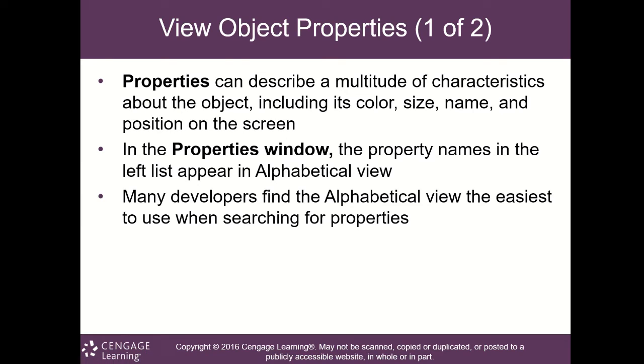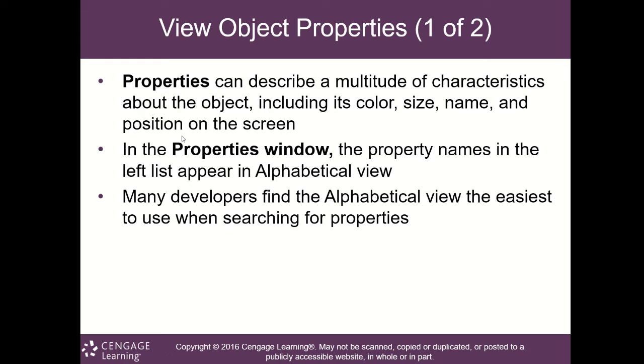Now another important thing is viewing the object properties. So how do you do that? The properties can describe different characteristics about the object. We'll see it in a moment.